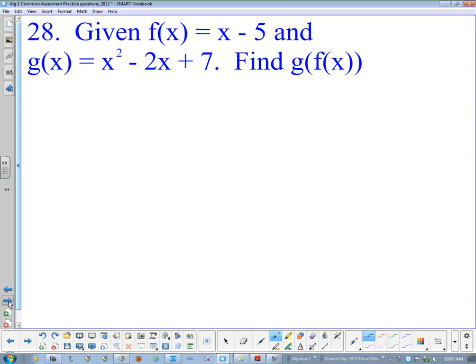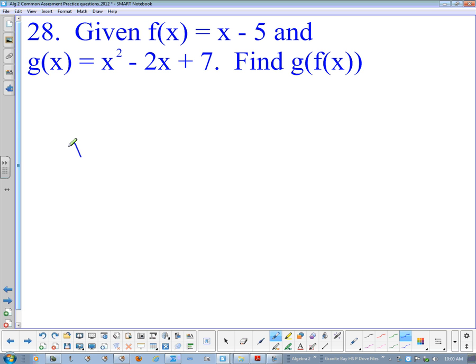Given f of x equals x minus 5, and g of x equals x squared minus 2x plus 7. Okay, now we're finding the composition. For this particular one, are we putting g into f or f into g? F into g. Yes, f is inside of g. So first, I'm going to write the g out, but in place of every one of the x, I'm going to write large parentheses.